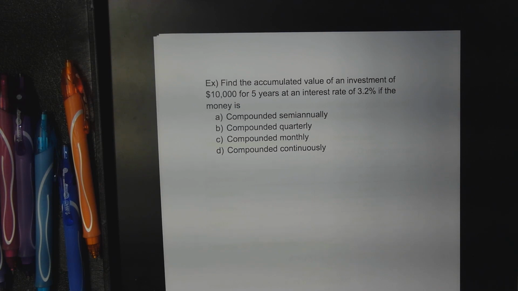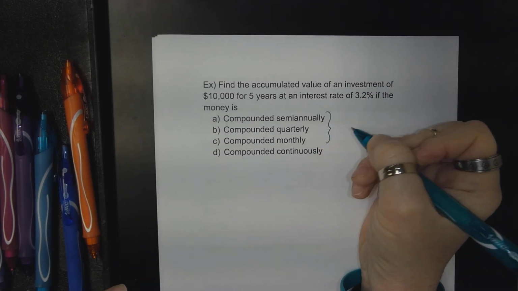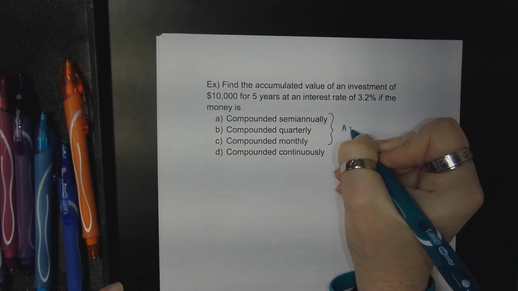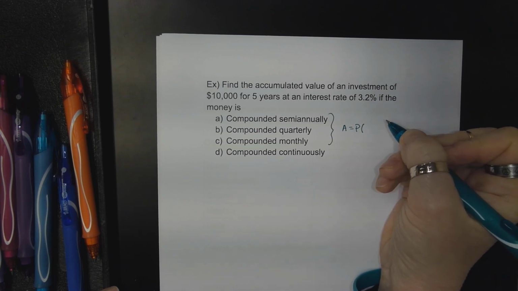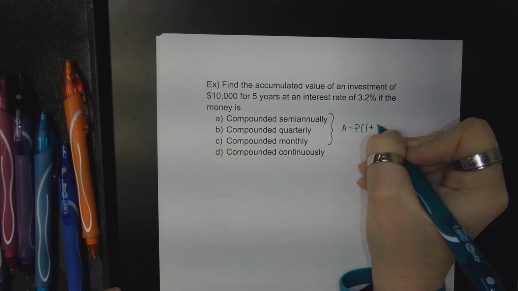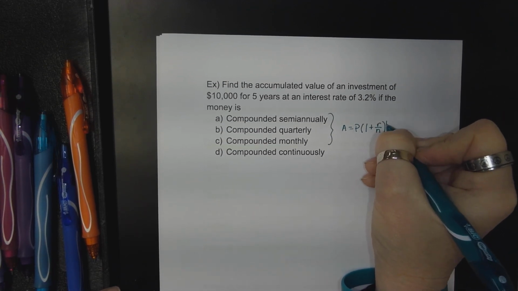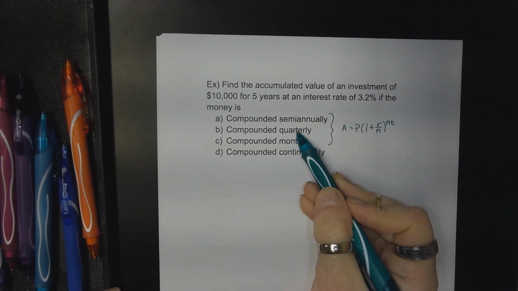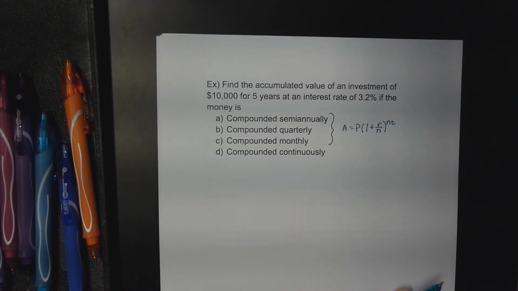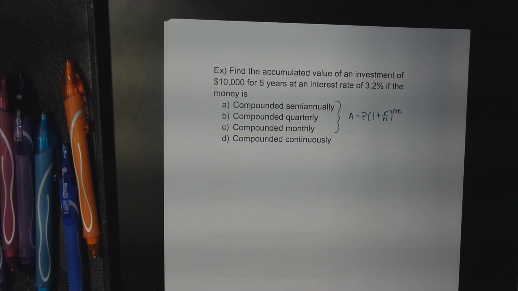So let's start with A, obviously. If we look at the first three, all of these are going to be A equals P, one plus R over N to the NT, because they each have N compounding periods, correct?